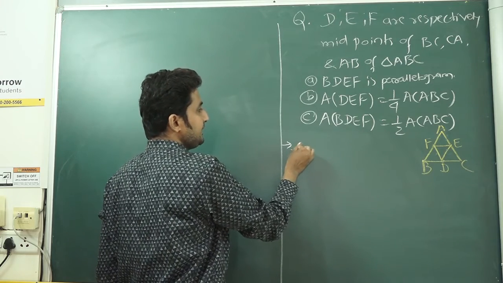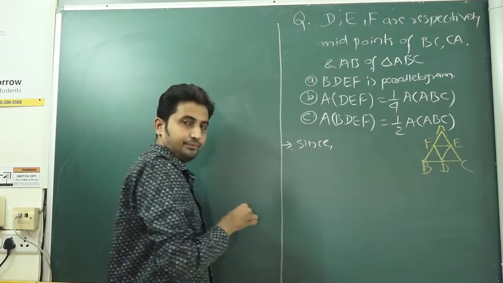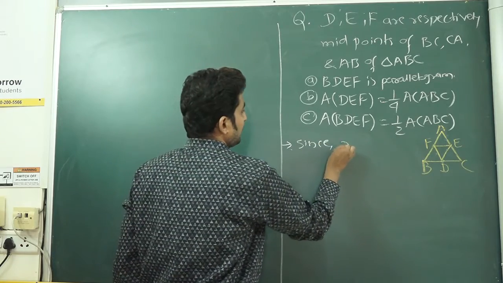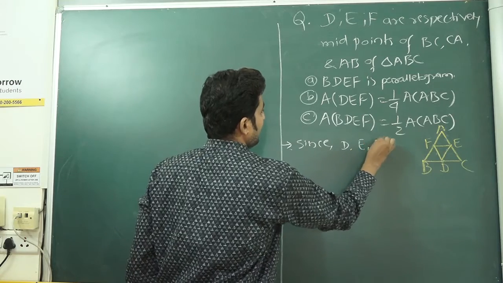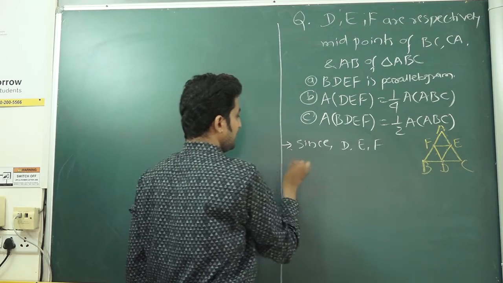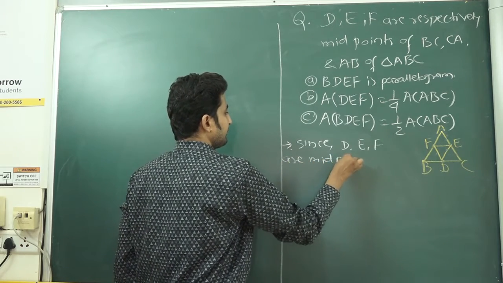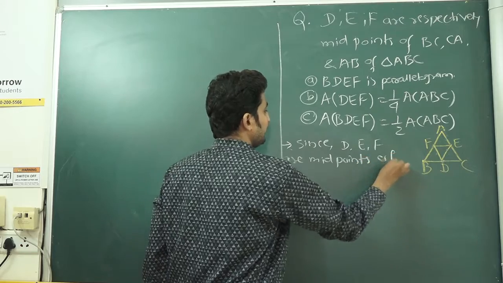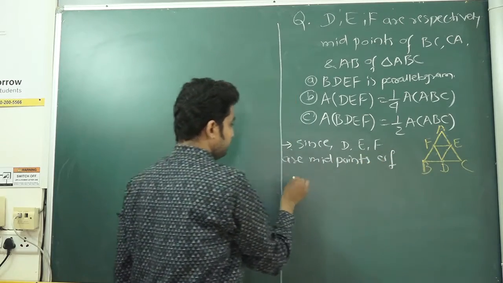So we will write here, since D, E and F are midpoints of, they are midpoints of what?